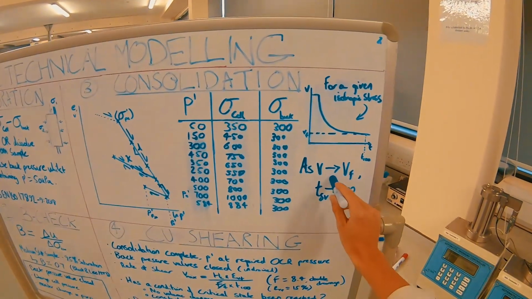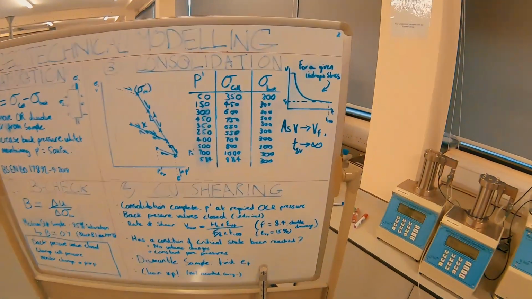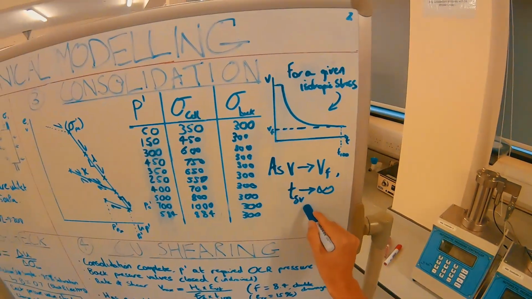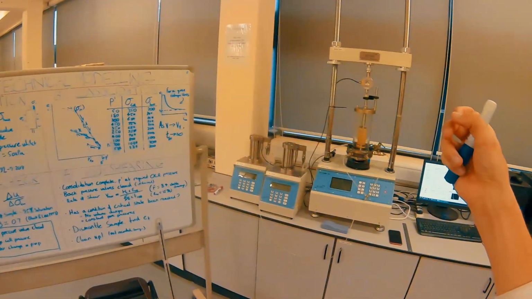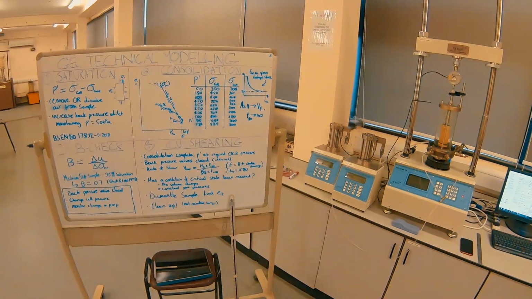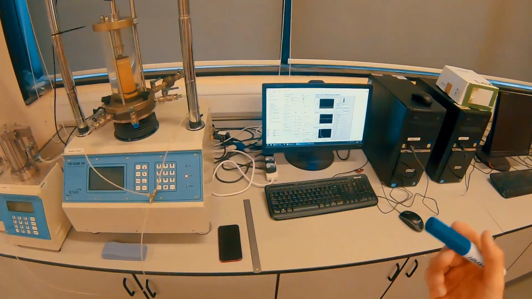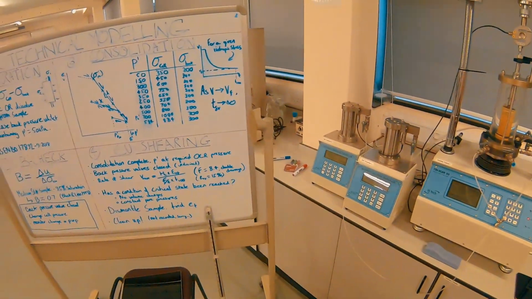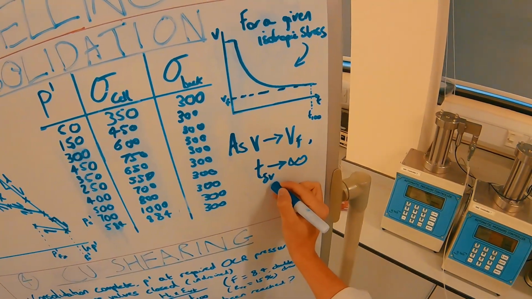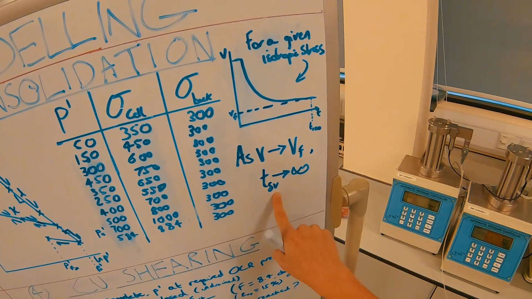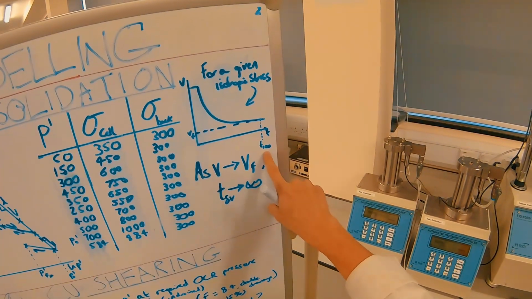As the volume approaches the final volume, VF, for any stage of consolidation, the time for a small change in volume tends to infinity. It becomes more and more difficult for a given stress to pull water out of the sample and change its volume. So one way you could tell the controller to move to the next stage of consolidation is to say that when this time period gets sufficiently big to make a small change in volume, at that point we know we are pretty close to T100.